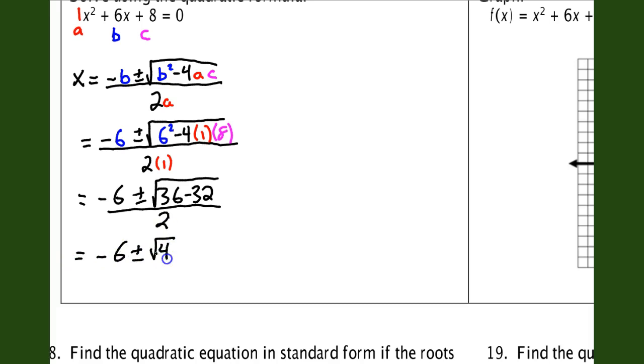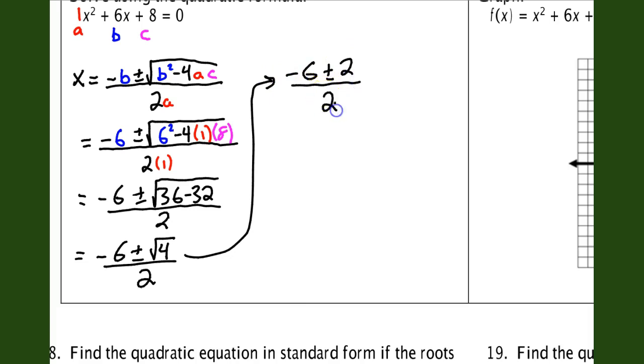A little more simplifying. All right, so I got it down to fully simplified. And remember that this indicates two answers. One of them is negative 6 plus 2 divided by 2. And the other is negative 6 minus 2 over 2.